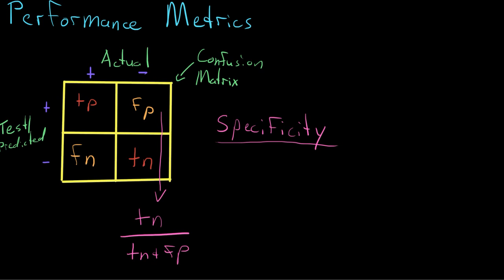So our specificity would be 80%, and that also tells us something about the false positives, because all you have to do is subtract 100% minus 80%, which leaves us with 20%. So that means that 20% of our actual negatives were false positives.